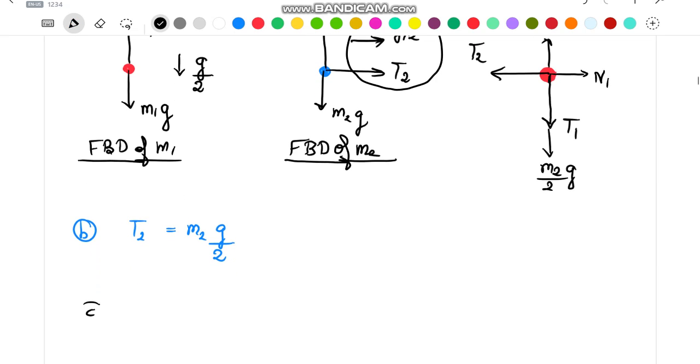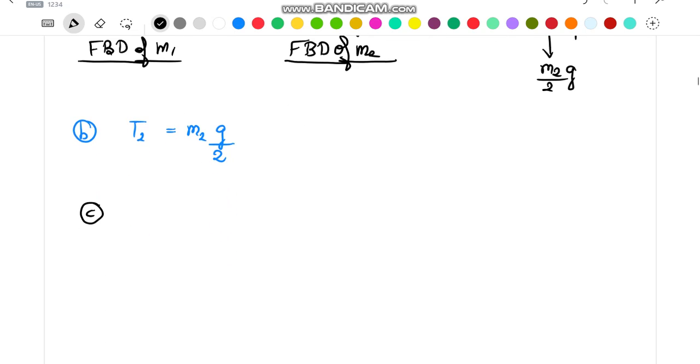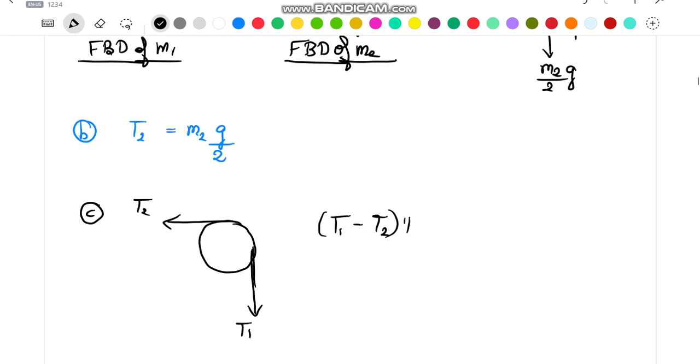Now for solving part C, for the pulley, the torque will be due to the two forces T1 and T2. So the net torque will be (T1 minus T2) into R, and this torque will be equal to I into alpha.